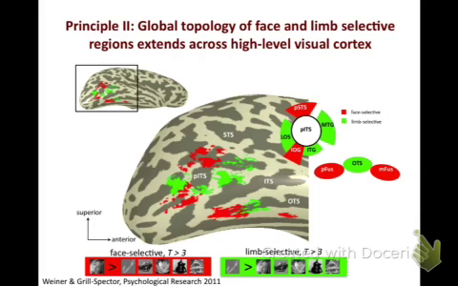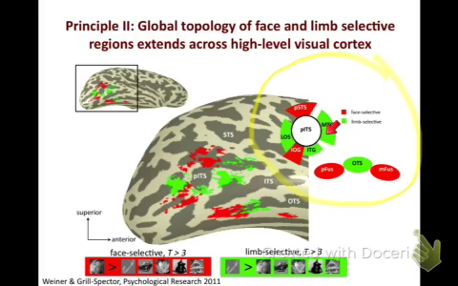So the schematic on the right summarizes this organization, where you have two face selective patches on the fusiform, the mFus faces and the pFus faces, that are separated by a limb selective patch, the OTS limbs.